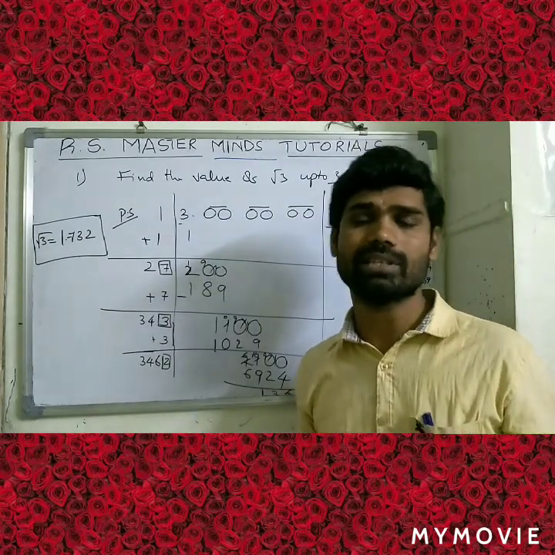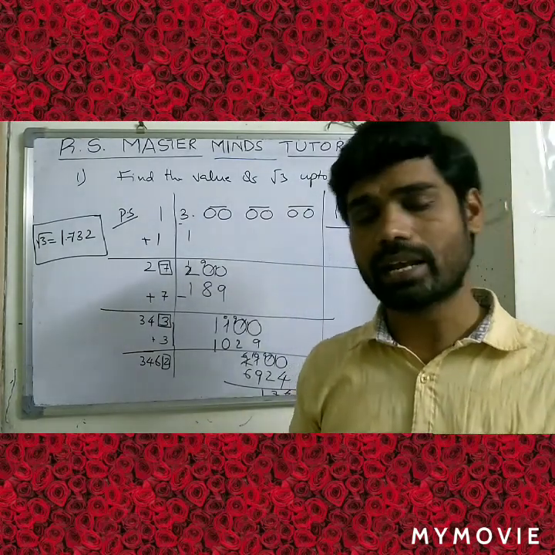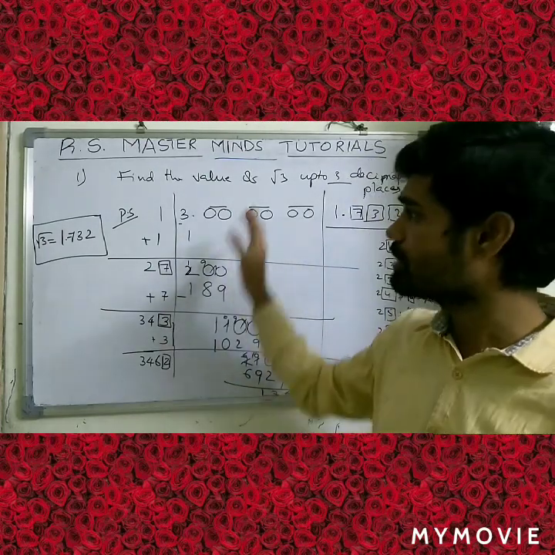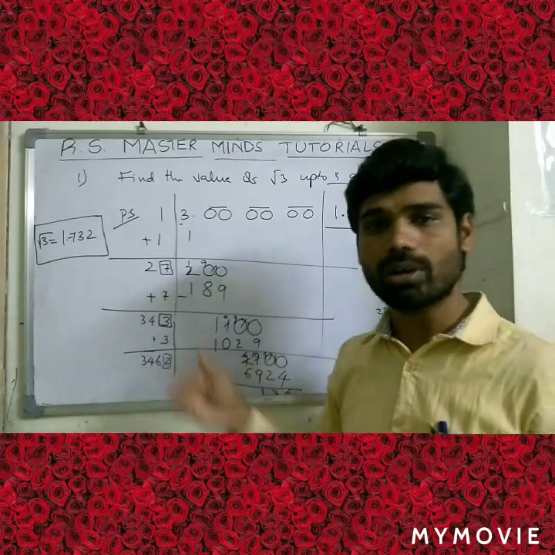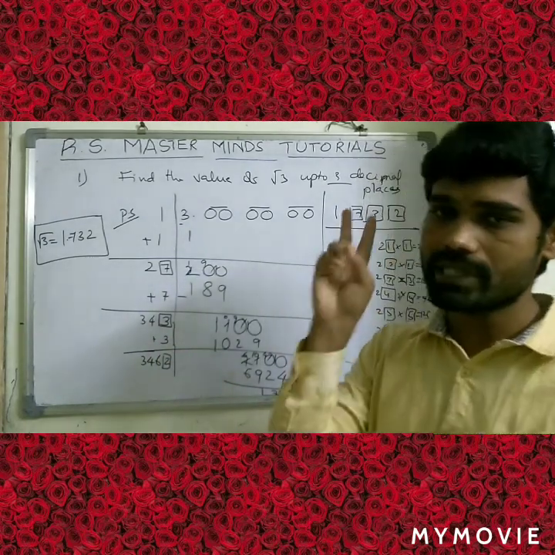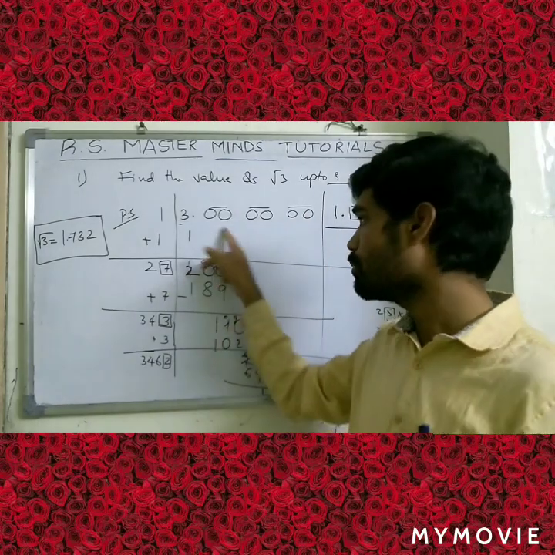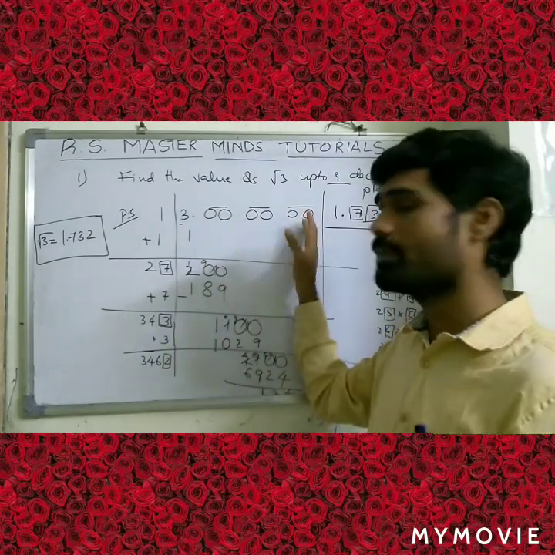So 3 decimal places is enough for us. In 9th class, 3 decimal, 4 decimal, maximum 5 decimal places. With the same procedure we can solve one more step and one more step. If we say 3 decimal places, take 3 pairs of zeros; 2 means 2 pairs of zeros; 5 means 5 pairs of zeros.